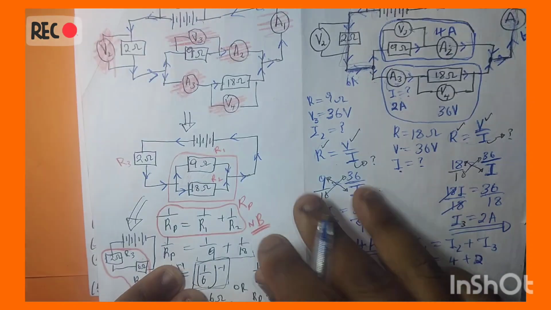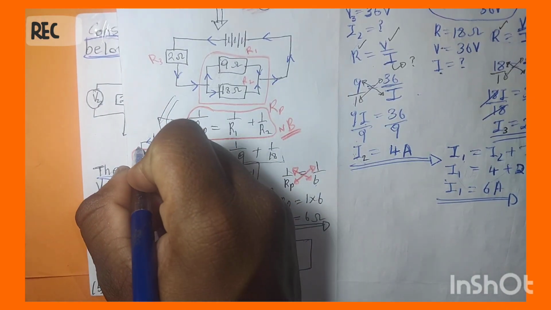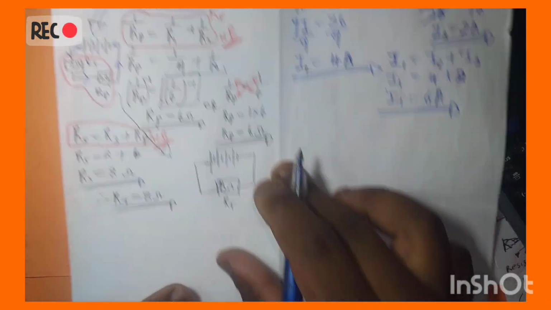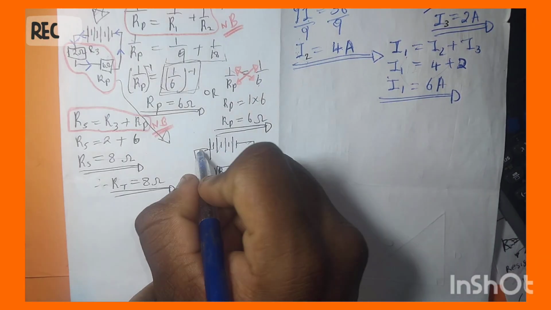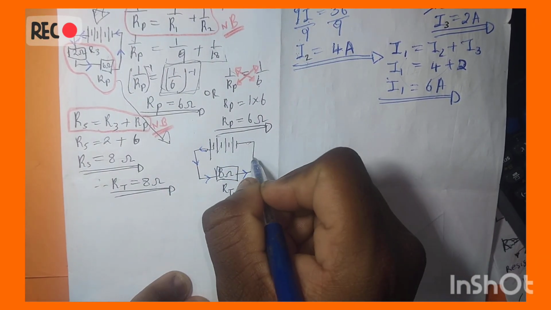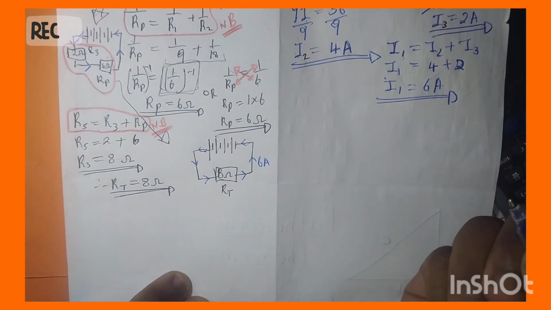Then it goes back. Then if we only focus on this circuit, the current that is delivered by the battery, that current there, is 6 amperes.